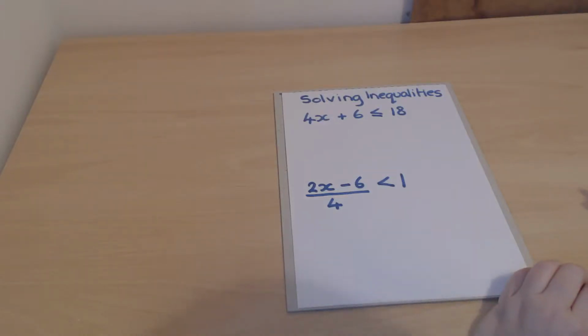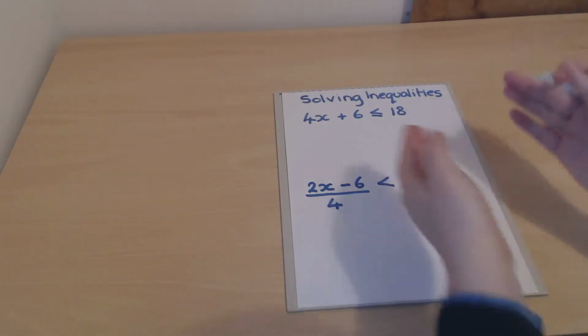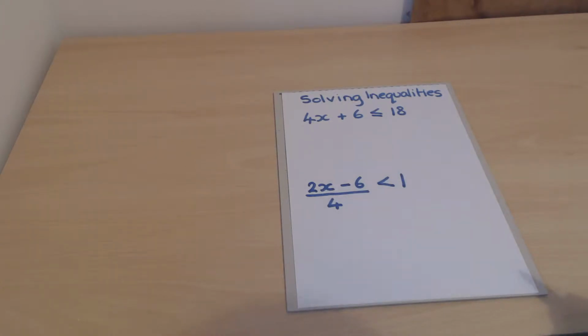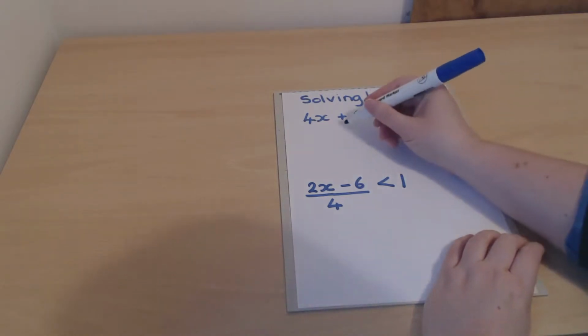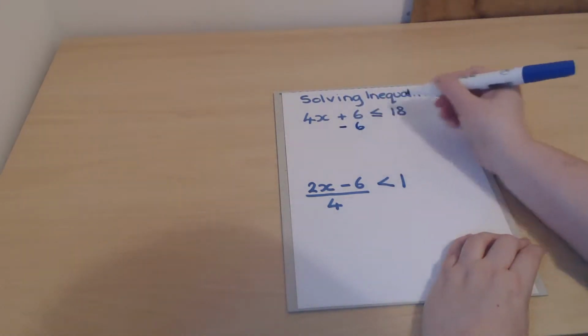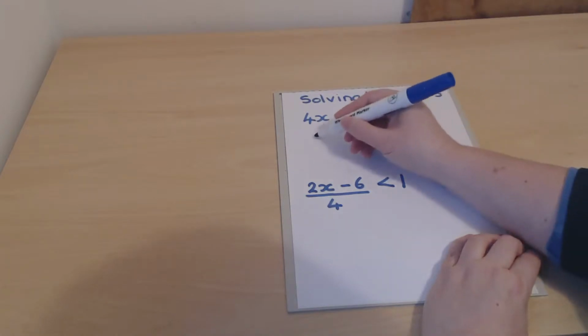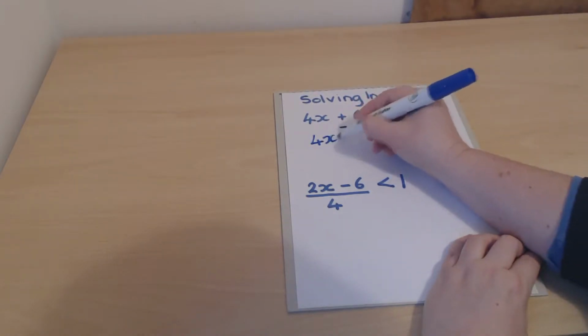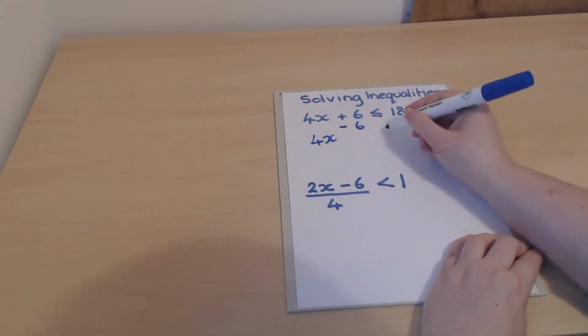So let's look at how we solve inequalities looking like these ones. Now if you know how to solve an equation, it's the exact same method that you use to solve an inequality. So we're going to start by taking away the 6 from both sides. That gives us 4x on this side. That disappears.